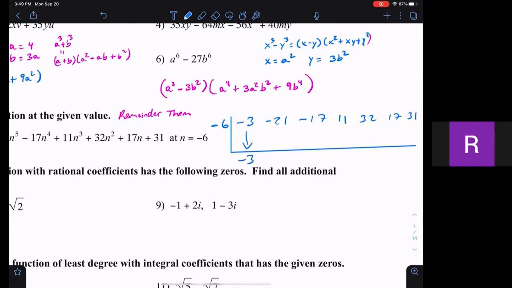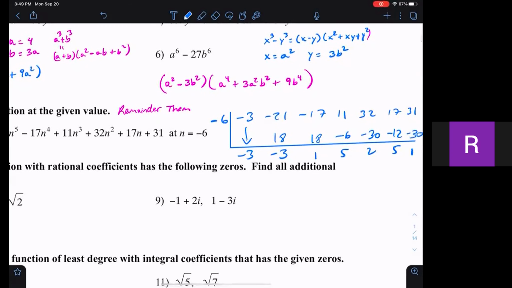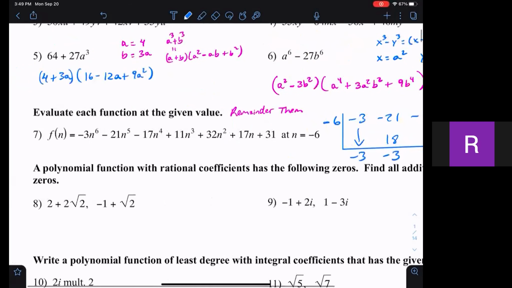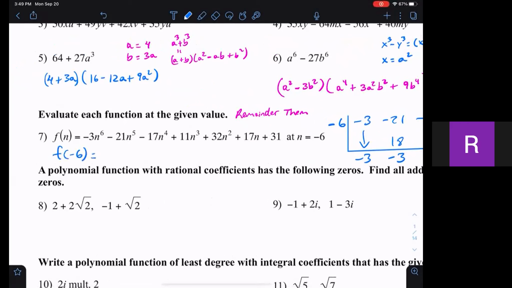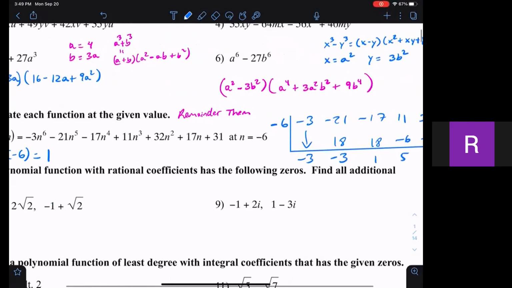You drop this. This is going to be 18, -3, 18, 1, -6, 5, -30, 2, -12, 5, -30, and 1. So the remainder is 1, right? So that's the answer. When you plug f of -6 here, you should get 1, okay?